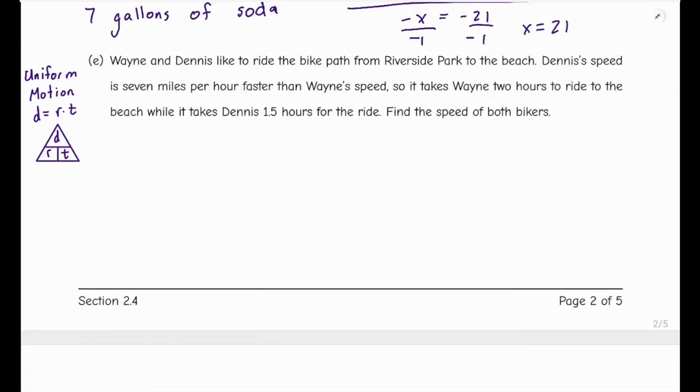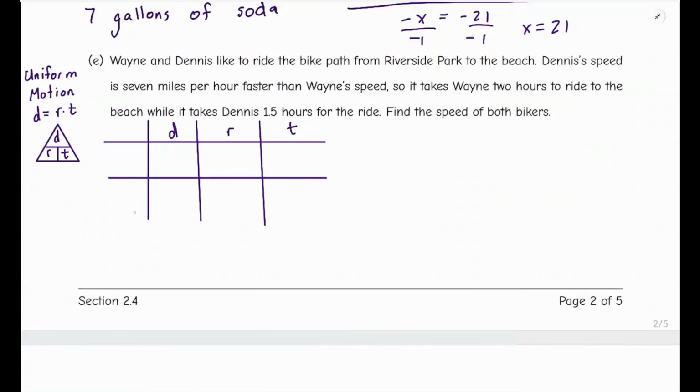Well, once you identify that you're working on a uniform motion problem, I highly recommend you set up this table. So D, R, T are your column headers, and then however many rows you have, usually 2 to 3 rows.